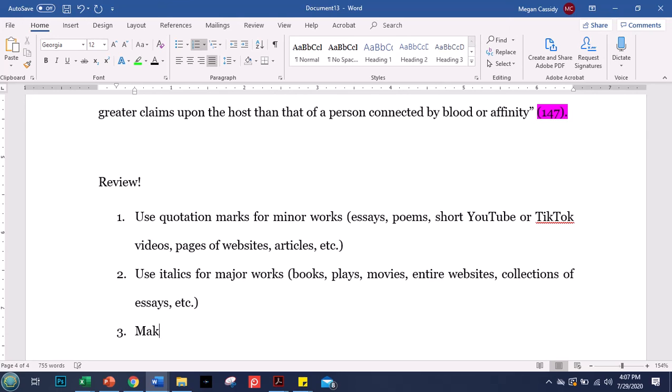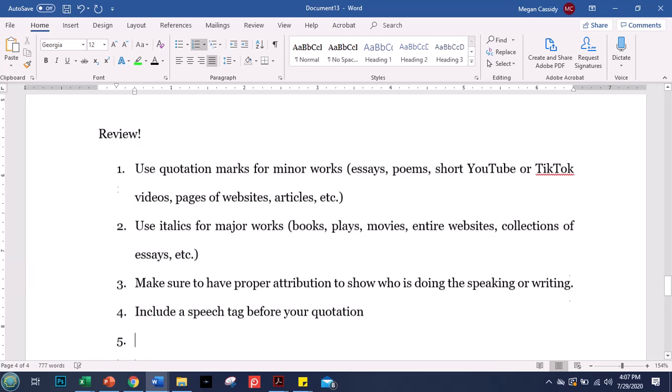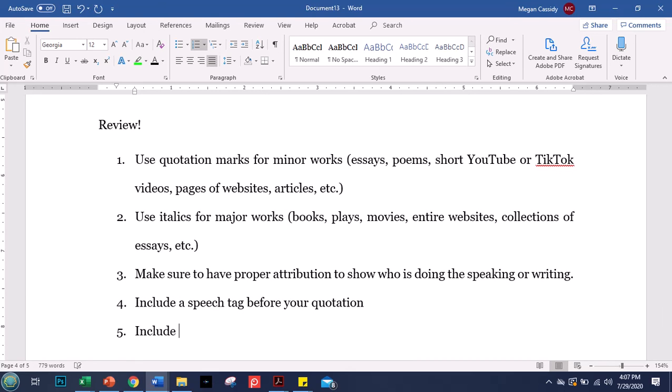3, make sure to have proper attribution to show who is doing the speaking or writing. Include a speech tag. We talked about those last time before your quotation. Include a citation at the end.